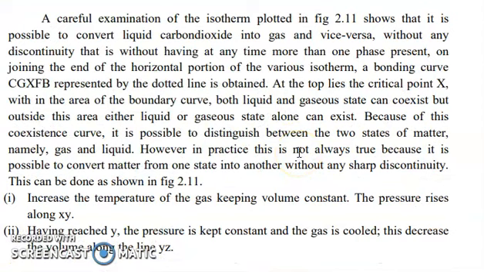So these figures show that it is possible to convert liquid carbon dioxide into gas and vice versa without any discontinuity, that is, without having at any time more than one phase present.